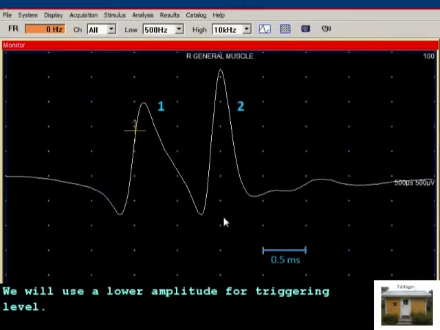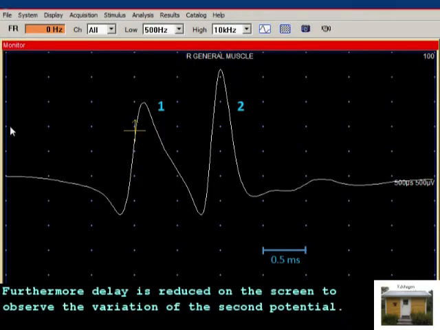We will use a lower amplitude for a triggering level. Furthermore, the delay is reduced on the screen to observe the variation of the second potential.